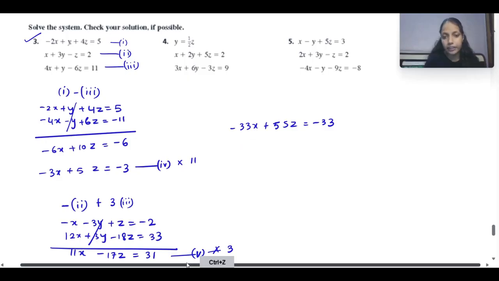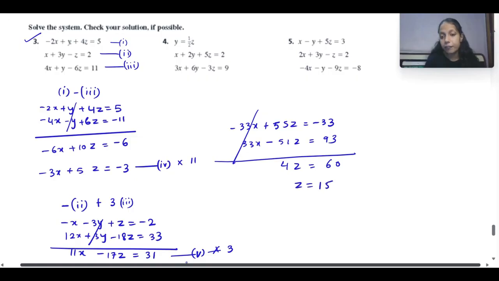It's a positive 33x here. Negative 17 threes are 51. 31 into 3 is 93. Add them. This cancels. It's 4z and this is 60. So z is 15. I got the value of z. Now substitute this z value in either equation 4 or 5. I'm substituting here.